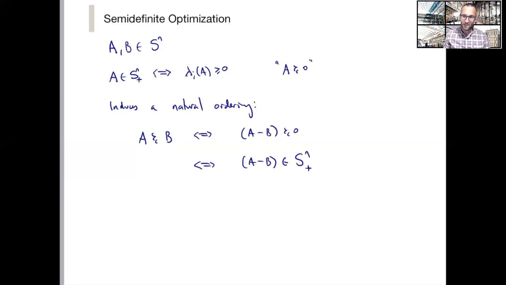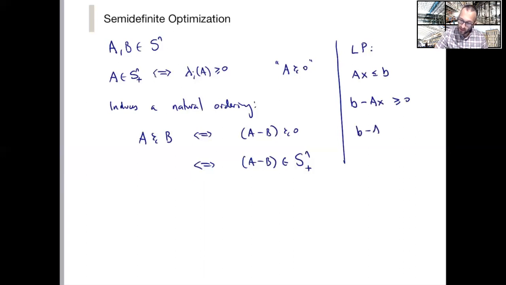So we can use this idea to replace wherever we had inequality in linear programming. In linear programming, we have things like Ax less than b. What we really mean here is that b minus Ax is an element of the positive orthant.